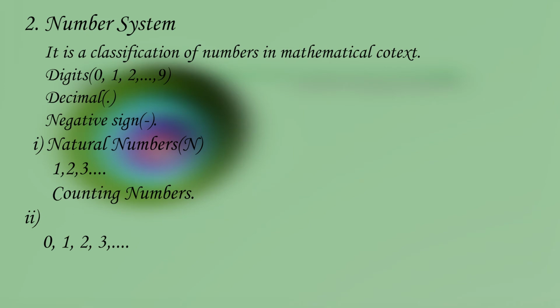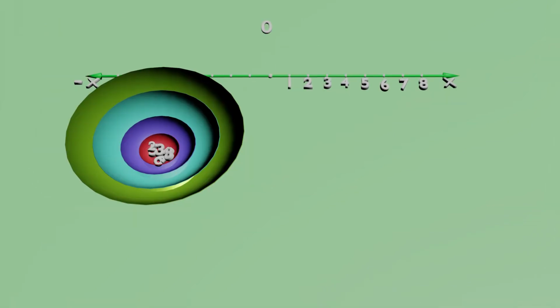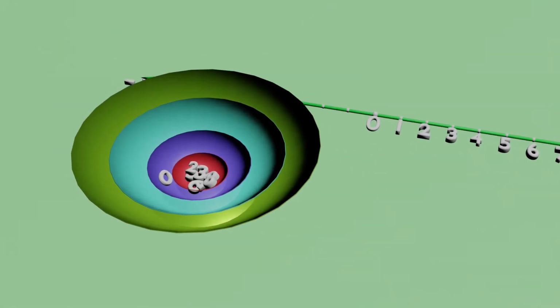Thus the new set of numbers becomes 0, 1, 2, 3, and this set is called whole numbers. Now I am going to put the number 0 in our number line and put it in the blue basket, such that the blue basket containing the red basket now represents the whole numbers, and thus natural numbers are also whole numbers.